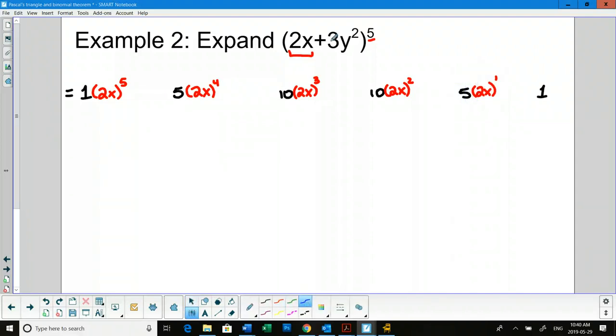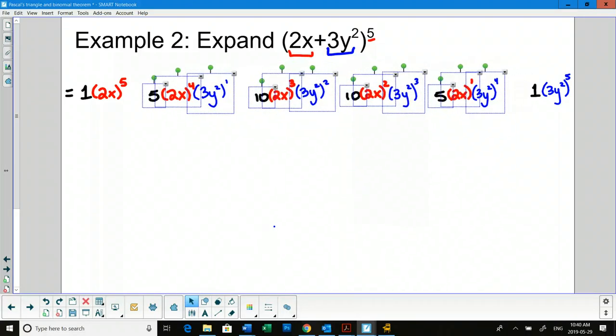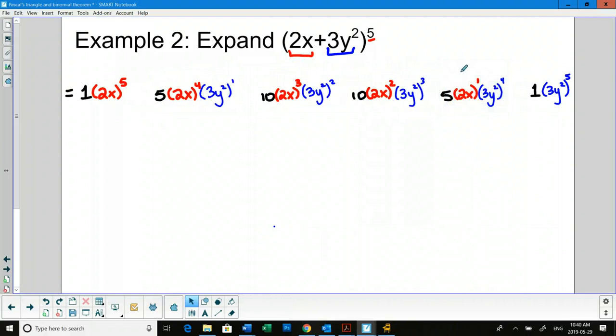Okay, and then we're going to start with the thing on the right with 5, 4, 3, 2, 1, and so on. 3y squared all to the exponent 5, and then 3y squared all to the exponent 4. 3y squared all to the exponent 3, and then just continuing to count down, we'll get 2 and 1. Okay, and separate all your terms with plus signs.